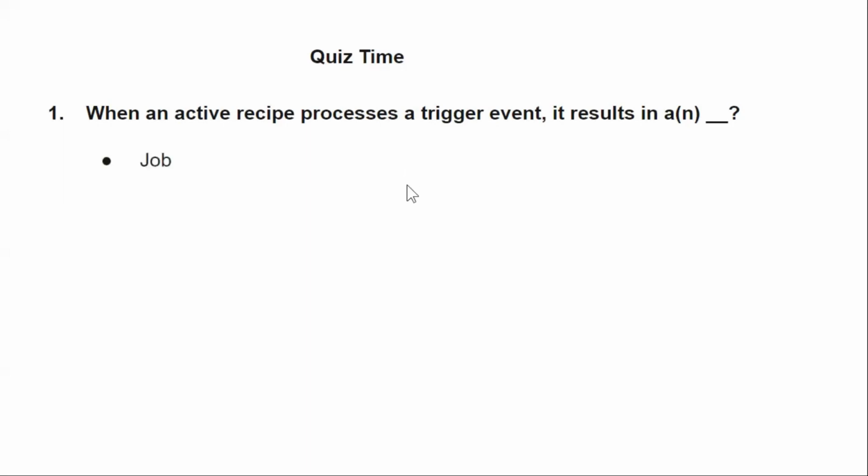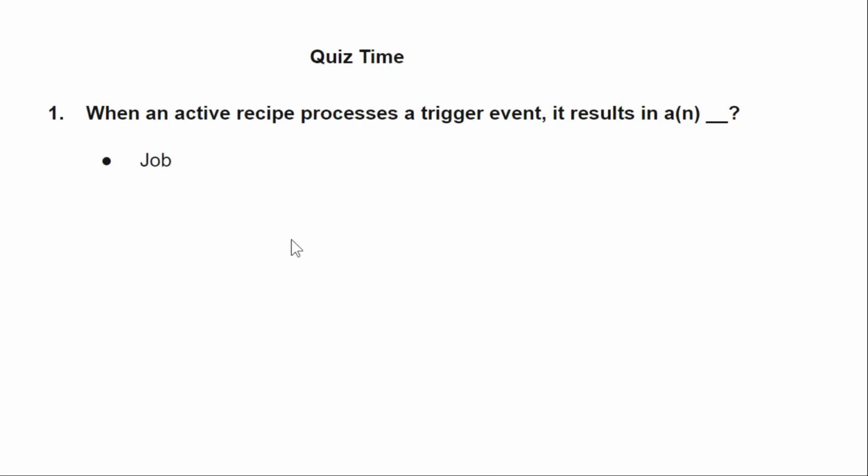It's a job. As I explained, when a recipe is built and triggered, or you can say when you run the recipe, it results in either a successful or a failed job. So that information can always be accessed in the job table.